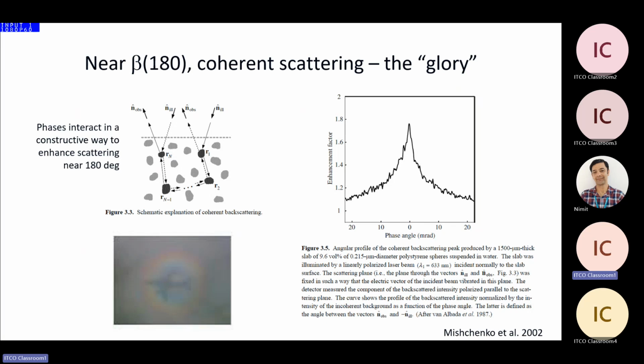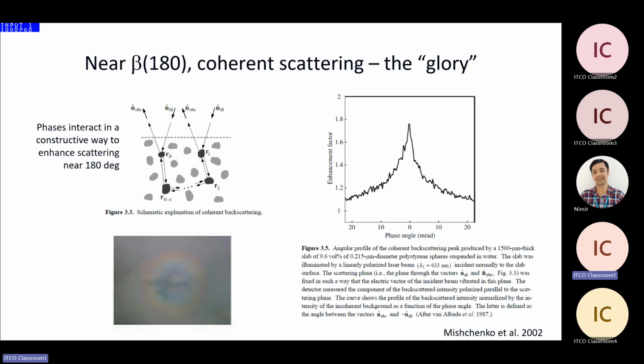You have to make that assumption to be able to add them up. When you look at 180, you get some very unusual things happening, and you get something called the glory, which is actually coherent scattering between particles because you have light that's coming down and light that's scattered up at the same time, and so they're interacting.